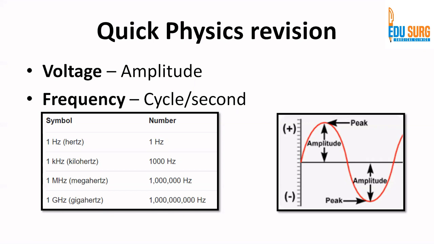So these are the two words that you need to understand: amplitude, which is the voltage or the amplitude of the current that you can see in this chart, right? Peak amplitude, and frequency, that is the number of cycles per second, right? So these are the two terms.